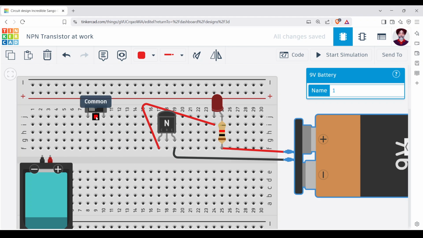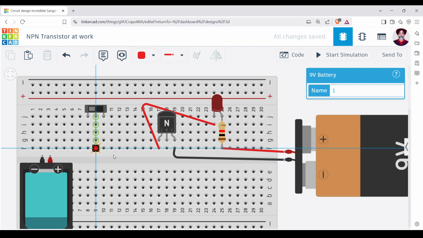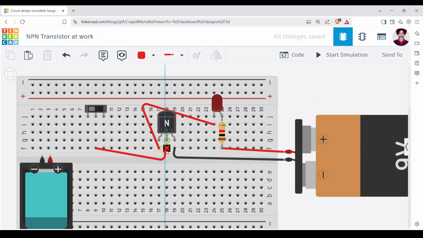Now we need to connect this battery to the base. So I have this part of the battery to the base and this positive to the other part of the switch.